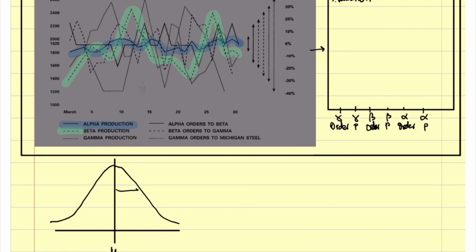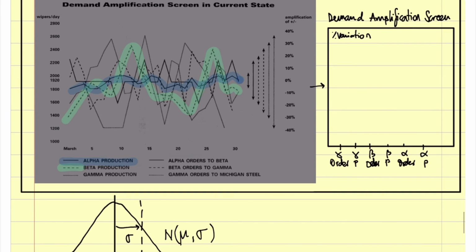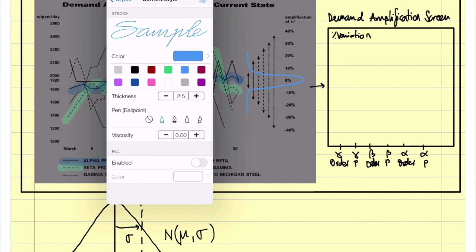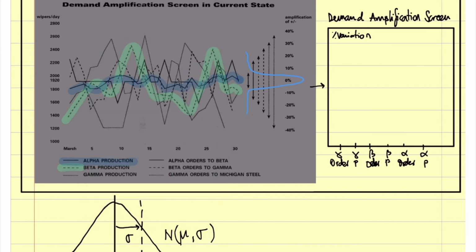We have a standard deviation, right? Whenever you have a normal distribution, you have a mean value and you have a standard deviation. The way you can paint it is like this. So the blue curve and the green curve, okay, well, I guess not so pretty.